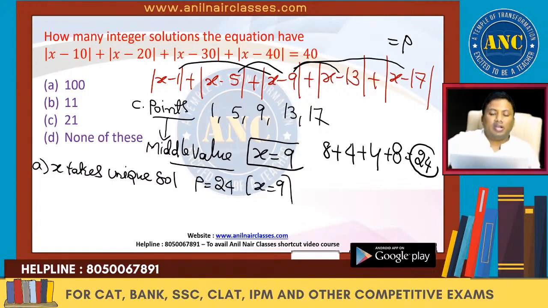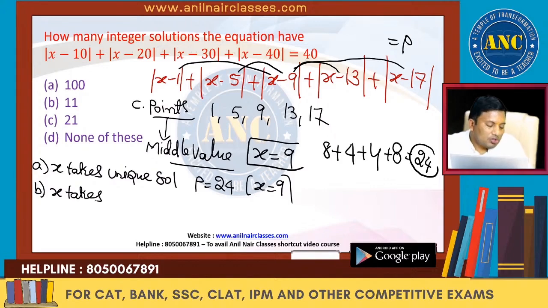Are you all with me? X equivalent to 9. Second question, x takes no solution. Minimum value itself is 24. So any value less than 24 is not possible.